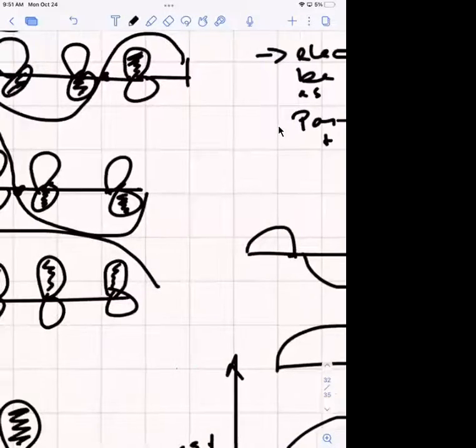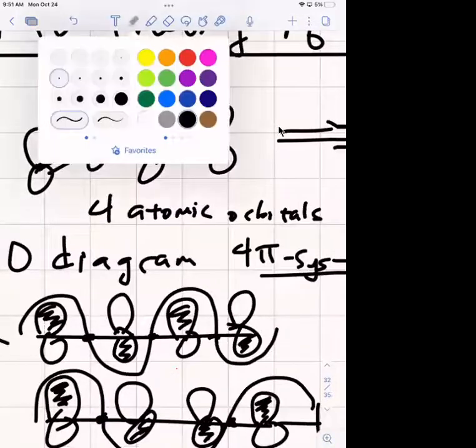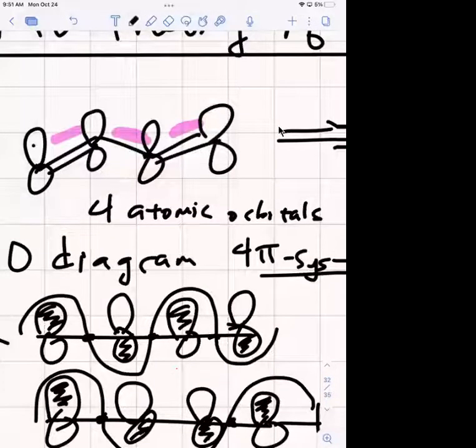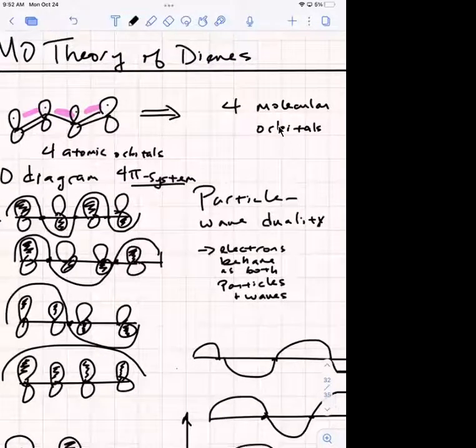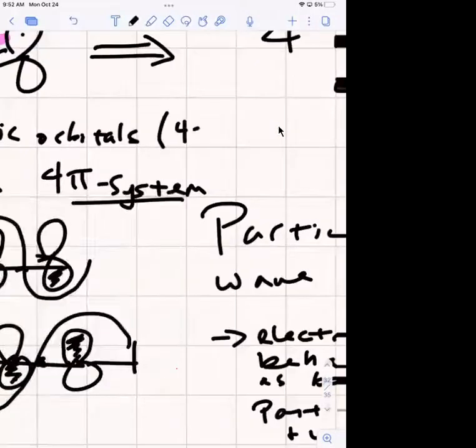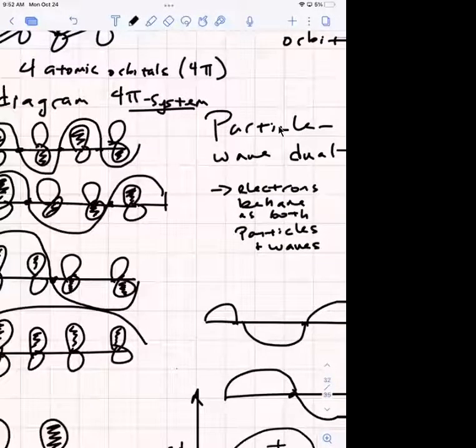The only other part, how many electrons are here in this 4-pi system? Anybody? I got 1 electron in each of these p orbitals. So how many is that total? So is it 4? 4. Right, this is a 4-pi system. What that means is that there are 4 pi electrons.